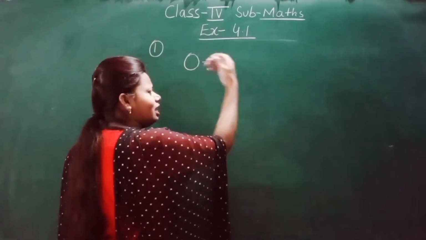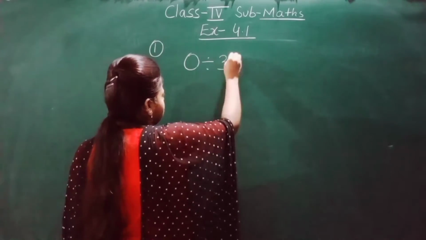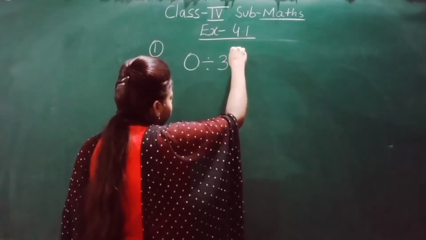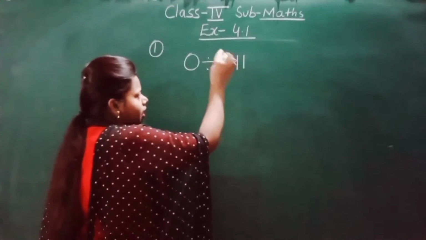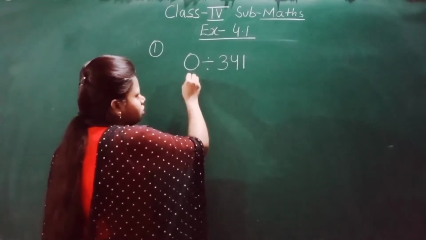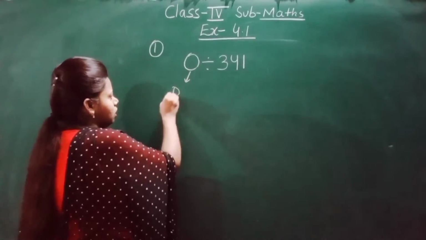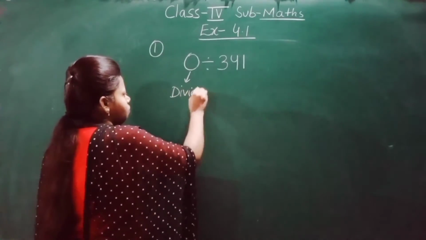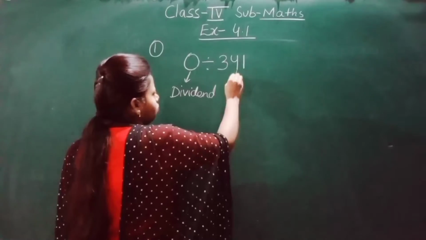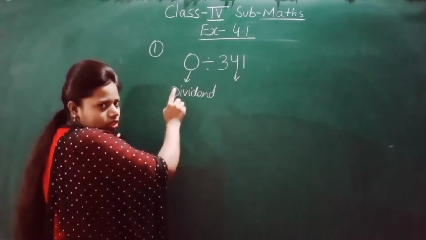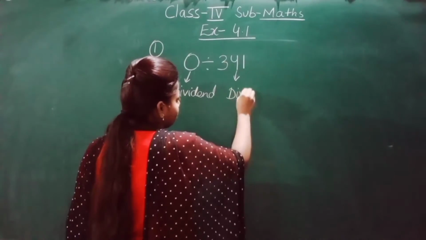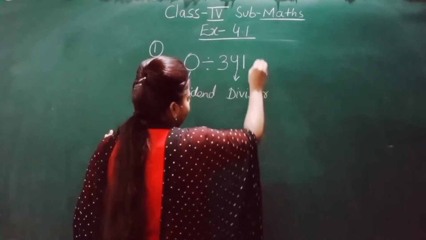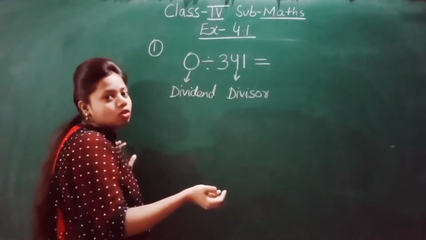You can take any number, so here I am taking 341. This 0 is the dividend. The number by which we divide is called the divisor, and what we get is called the quotient.